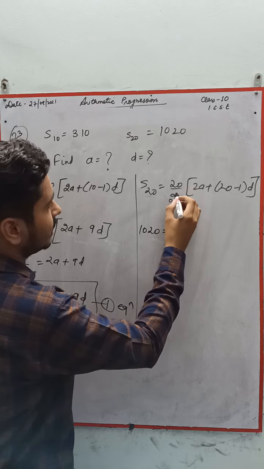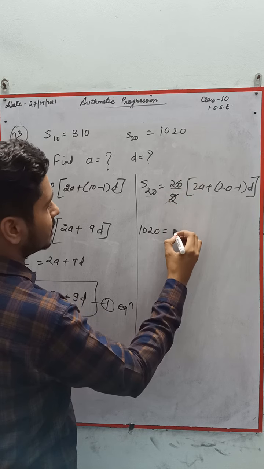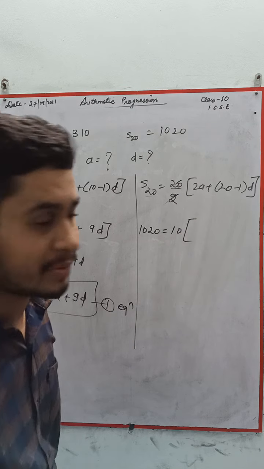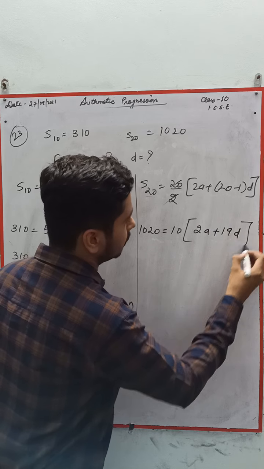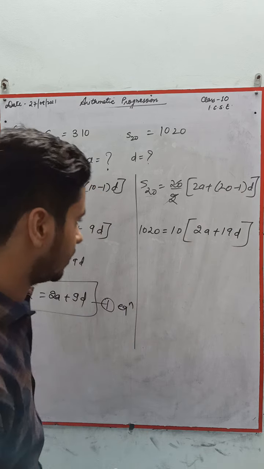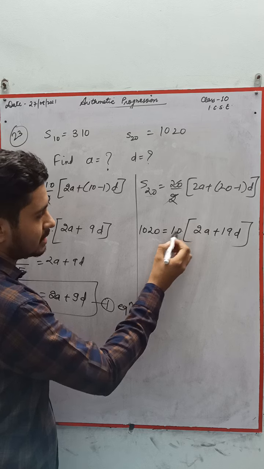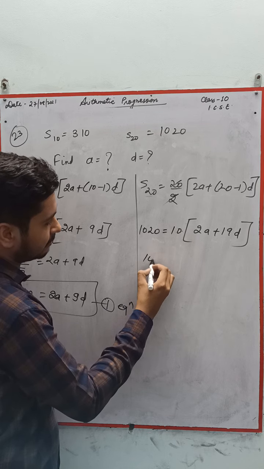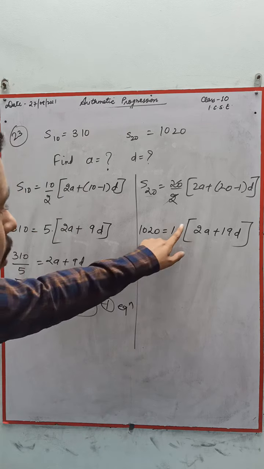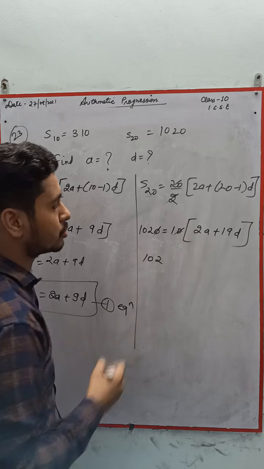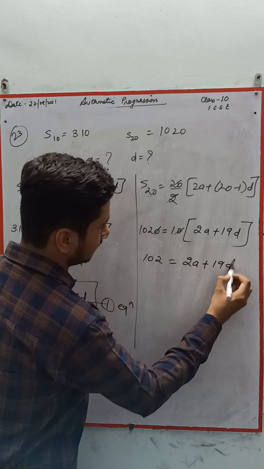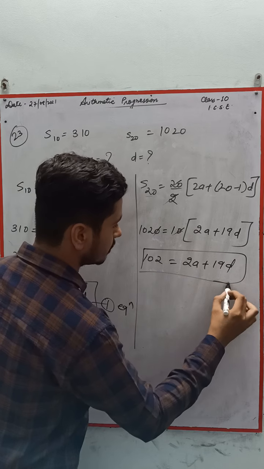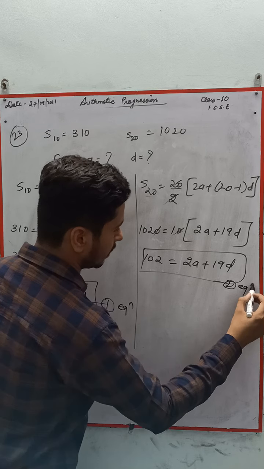So 1020, this 2 with this 20, we will be left with 10 times 2a plus 19d, since 20 minus 1 is 19. This 10 will be divided here, so it will be 102. Or you can directly see the 0 and 0 cancelled. So 2a plus 19d is 102. Call this the second equation.